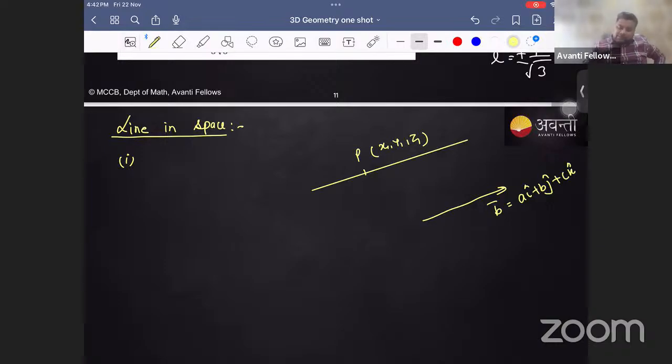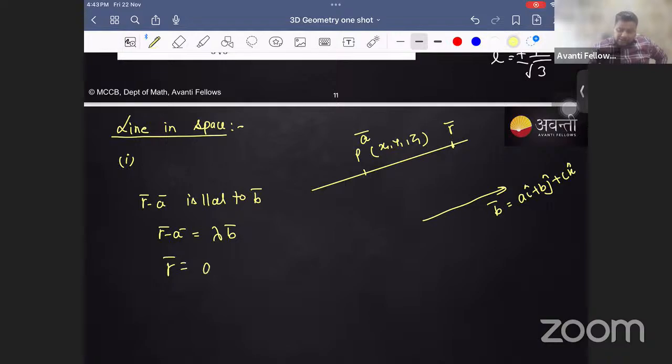Now see, let me call this point as A. Now if there is a point R on this line, like in 2D we have a point x comma y, here we have a point R. So we can say this R minus A is parallel to vector B. So if R minus A is parallel to B, then R minus A is lambda vector B. Yes or no?